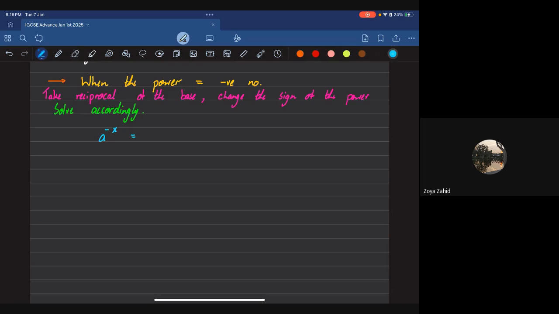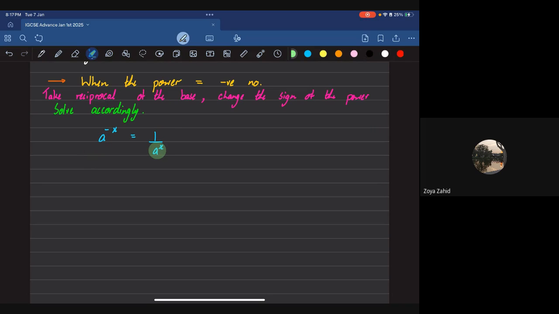So how will I take the reciprocal? I have to flip the fraction. So it's 1 over a, and the power is over a, not over the entire thing. So it's going to be x. I've simply changed the sign of the power, and I'm just going to solve it now.